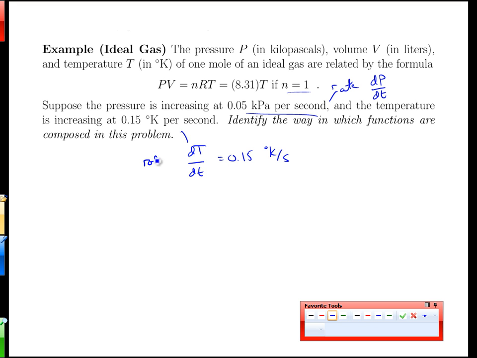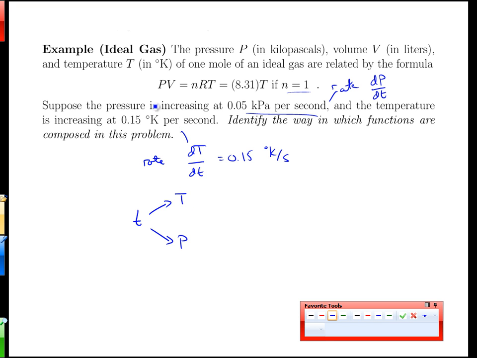So another rate. Well, that tells us a few things about the relationship between pressure and temperature and time. So we certainly have time dictating something about the temperature and something about the pressure. And again, in an easy, simple form, they're increasing linearly at a nice constant rate.